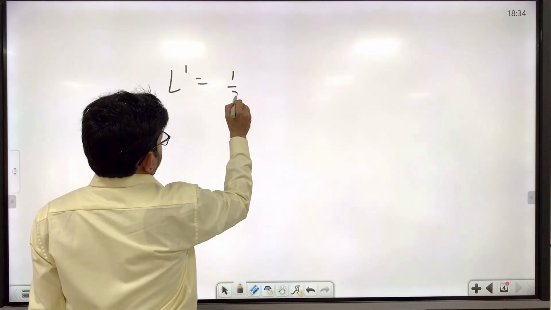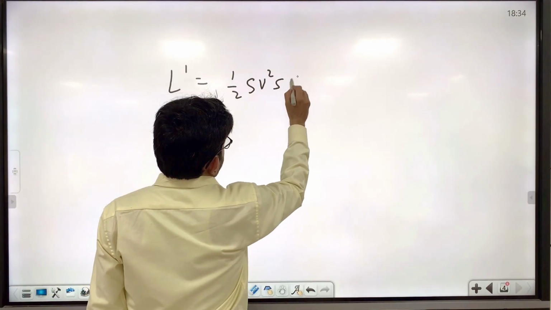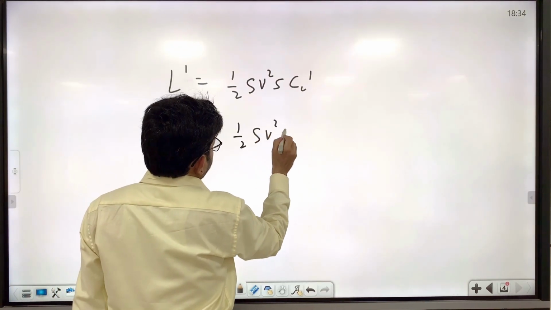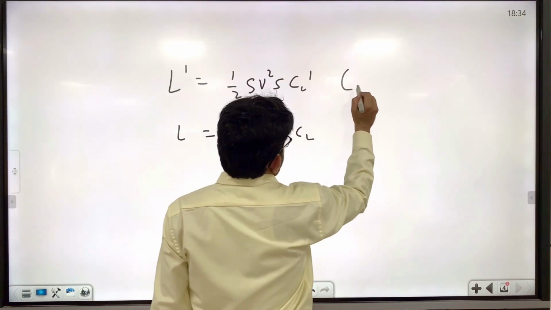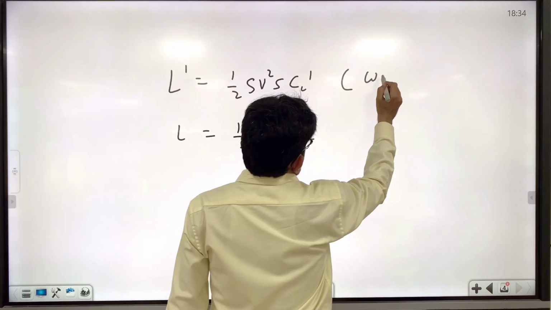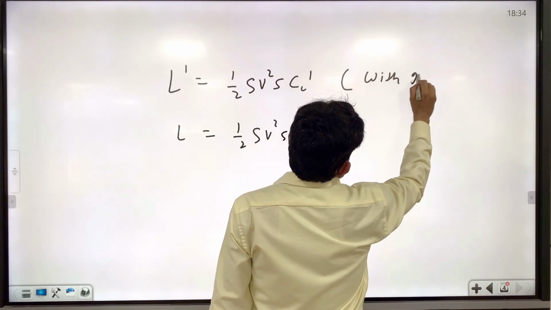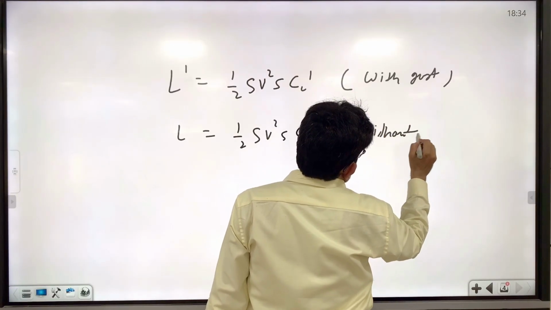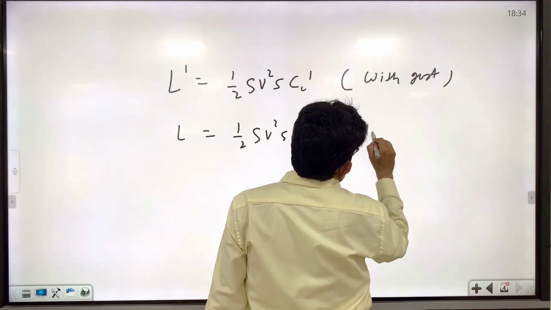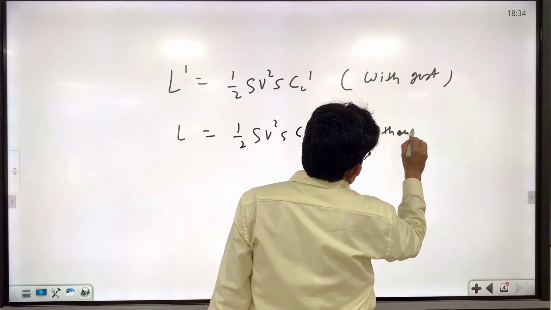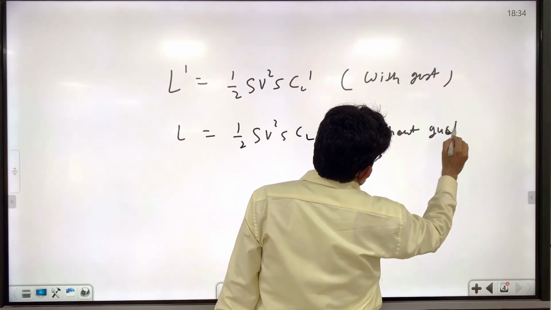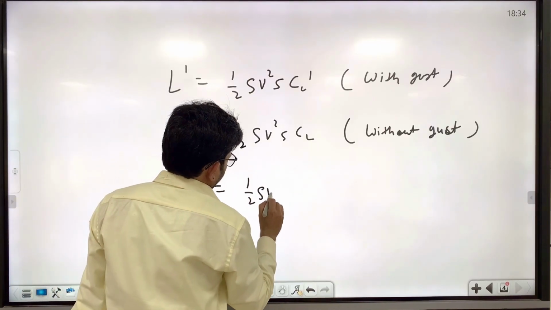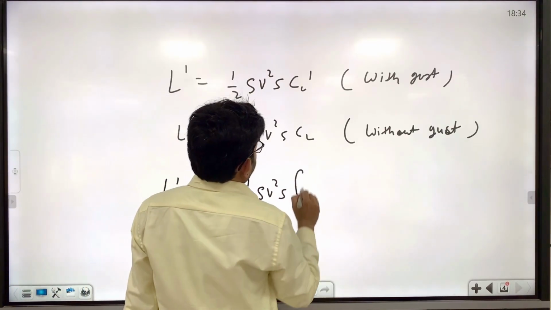So you can see here, L dash was half rho V square S CL dash, right? And L will be half rho V square S CL. So that means L dash is with gust, and L is without gust. So you subtract, L dash minus L, take half rho V square S common, and you can expand CL dash.